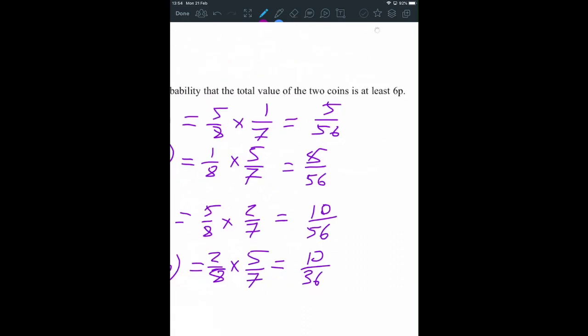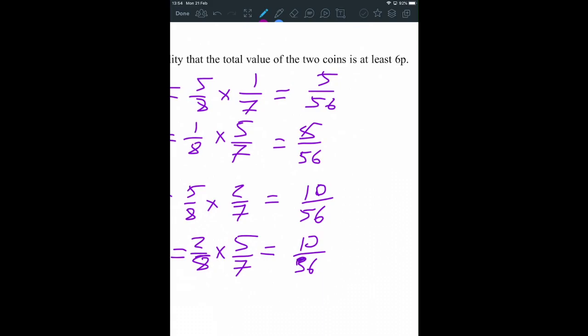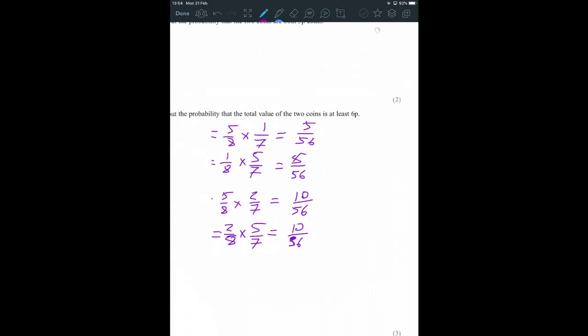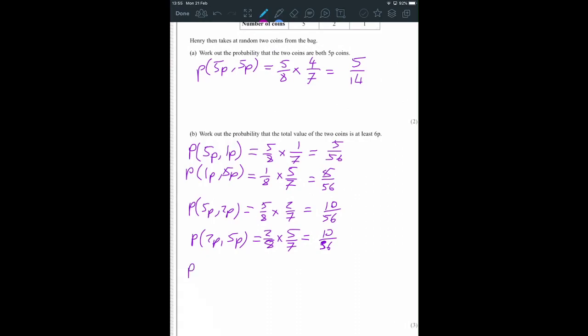Numerators are in the opposite order. Make sure that looks like a 56, not a 36. And then we also had the 5p, 5p variant, and there's only one of those, and that was 20 over 56. So those are all my possibilities to get at least 6p.